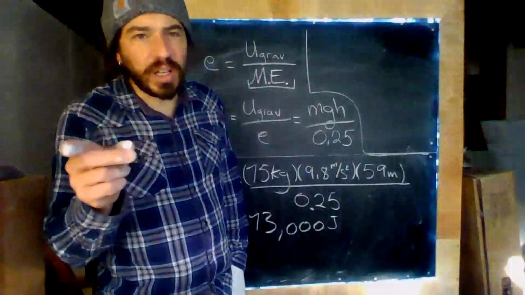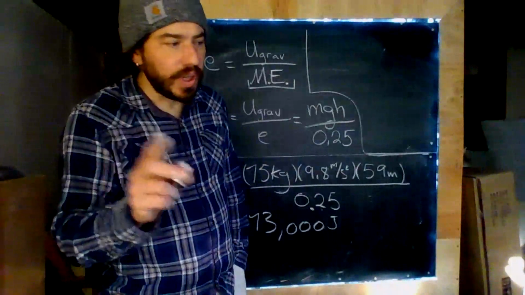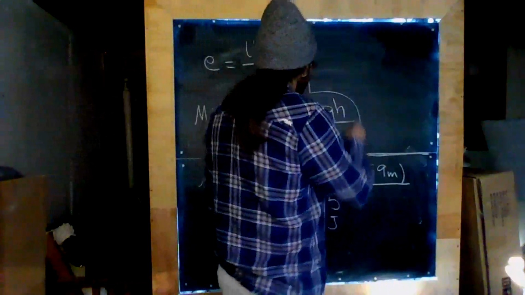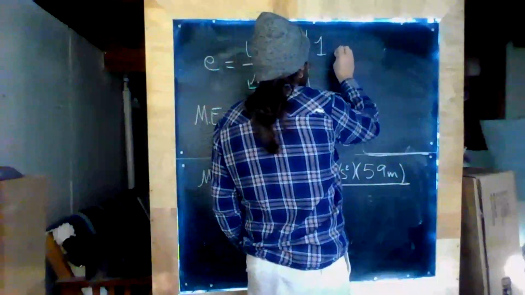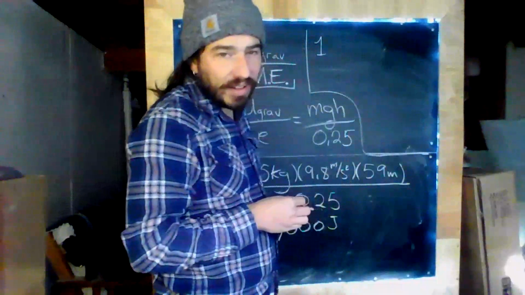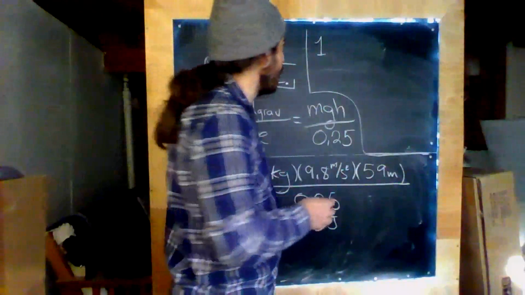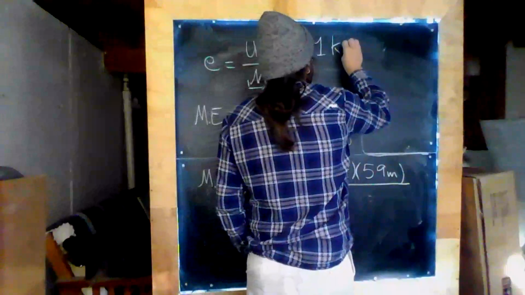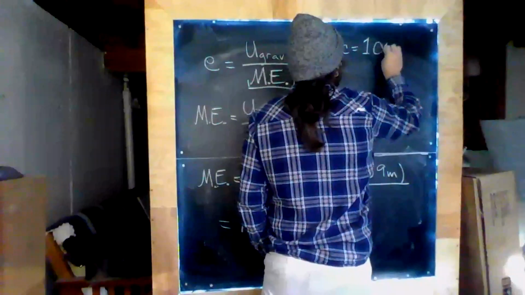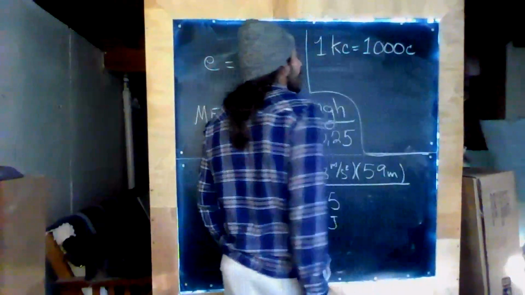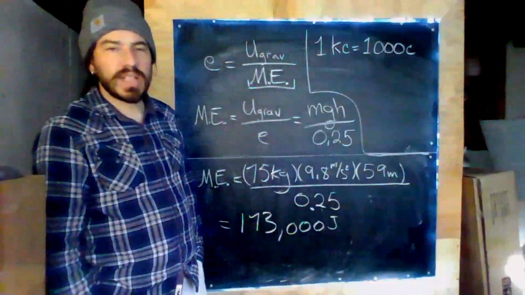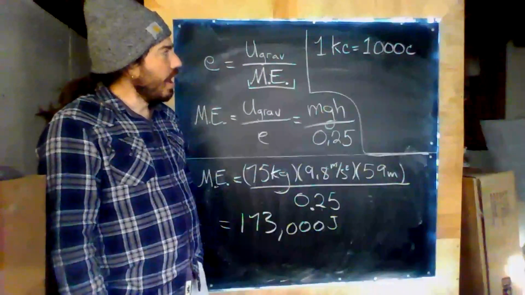But that's not what's on your package of food. If you look on a package of food, that is actually a kilocalorie. So a kilocalorie is 1,000 calories. I haven't said anything surprising yet, right?